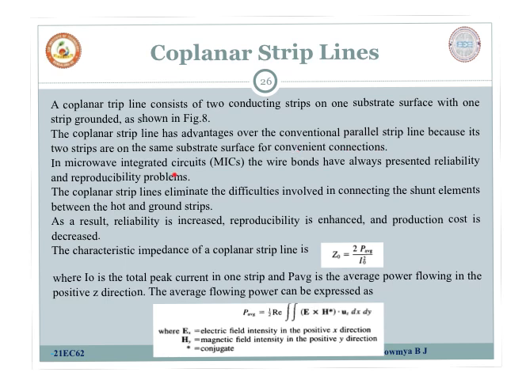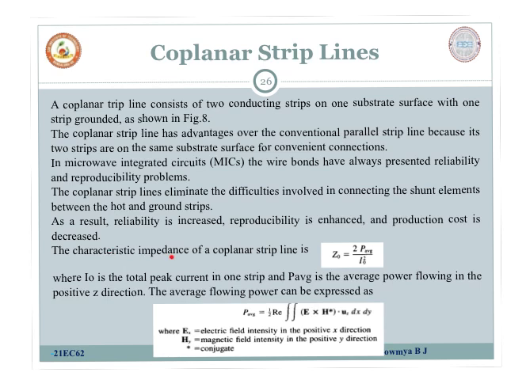Now, in microwave integrated circuits, the wire bonds have always presented reliability and reproducibility problems. So, the coplanar strip lines eliminate the difficulties involved in connecting the shunt elements between the odd and ground strips. As a result, the reliability is increased, reproducibility is enhanced, and the production cost is decreased.